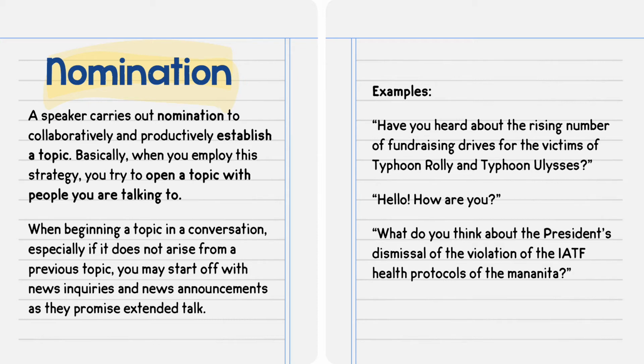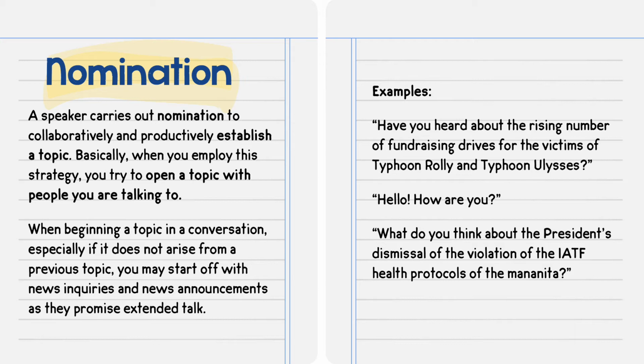Okay, so let's just read on different examples before we proceed to the actual discussion. Examples of nomination, yung mga lines or mga statements na example ng nomination is, have you heard about the rising number of fundraising drives for the victims of Typhoon Rolly and Typhoon Ulysses?